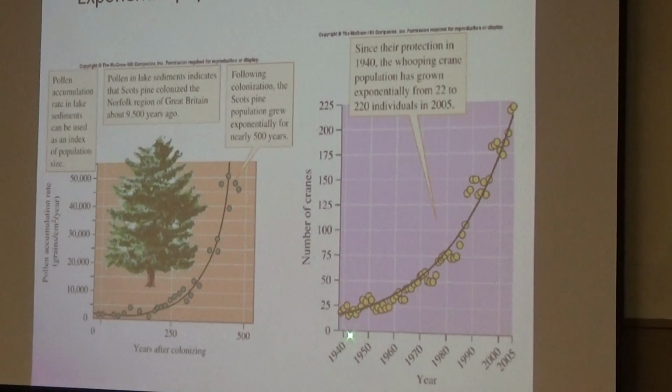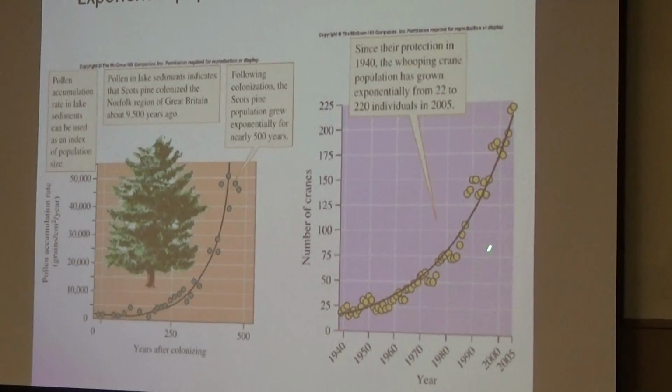Another case results from protection of a population of whooping cranes. These populations were hunted, and then protection was established in the 1940s. After that, because the harvest of individuals was not taking place, and the population size was very, very low to start off, you see these numbers increasing exponentially until 2005.